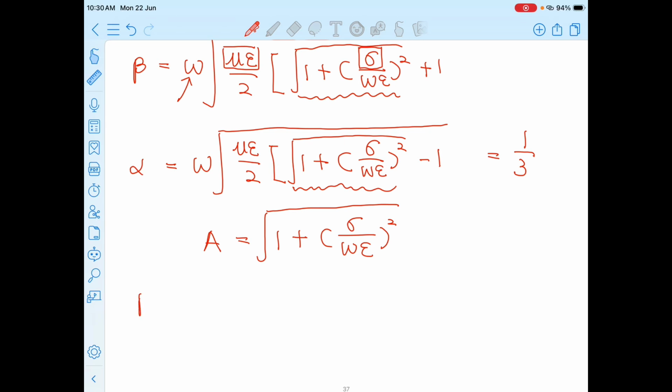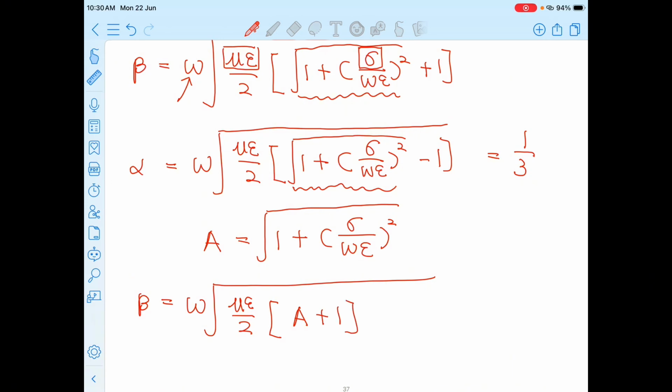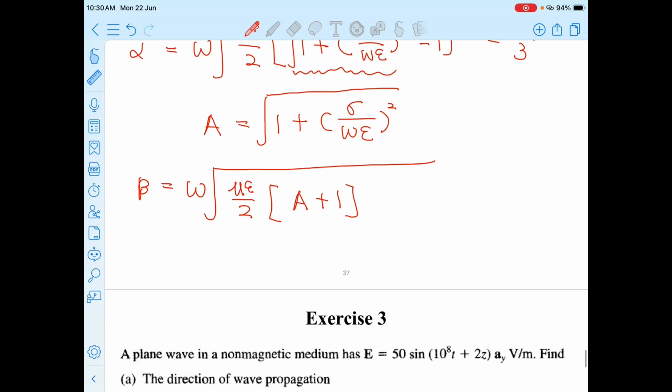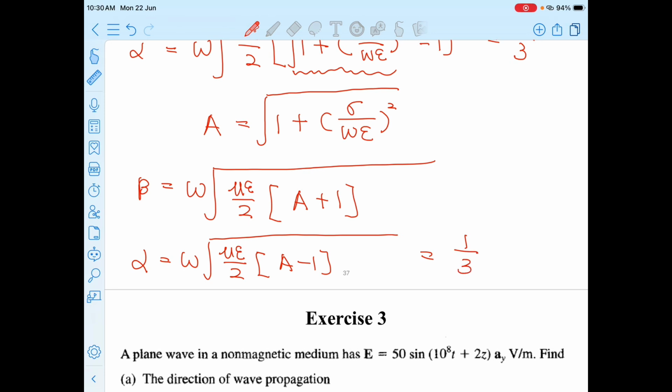So it means that my beta will be equal to omega times the square root of a plus 1, over 2, and my alpha is equal to omega times the square root of a minus 1, over 2, and the value is 1 over 3.